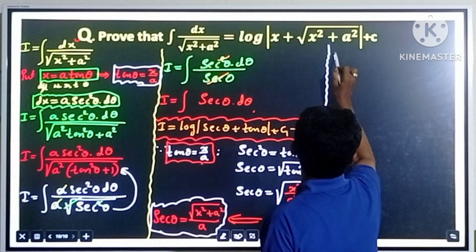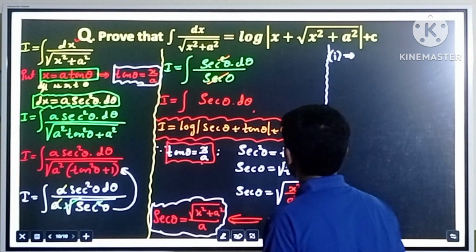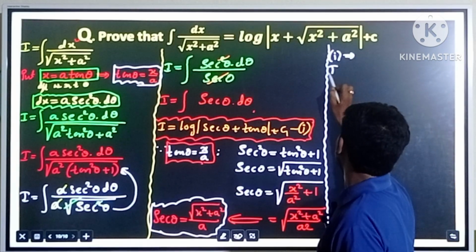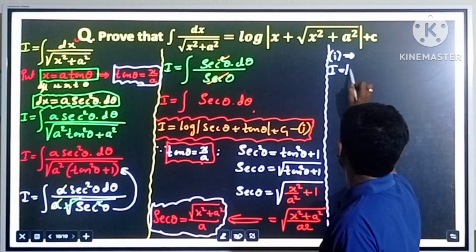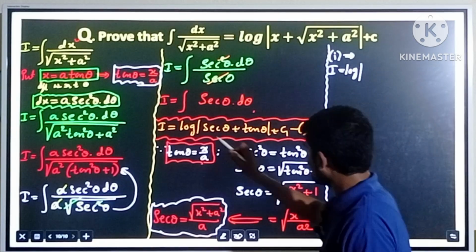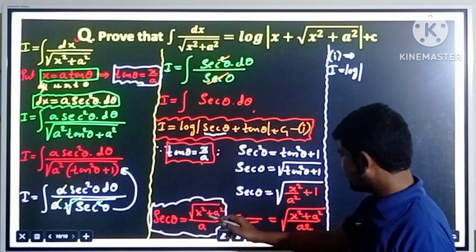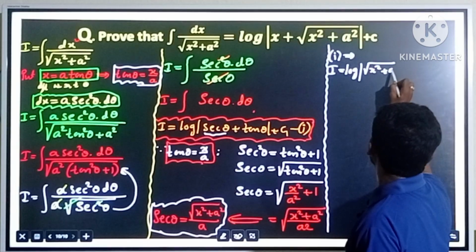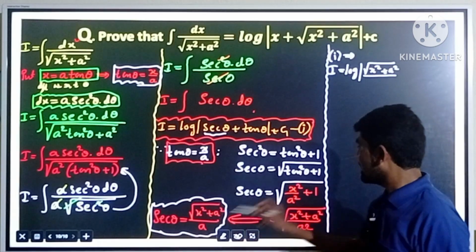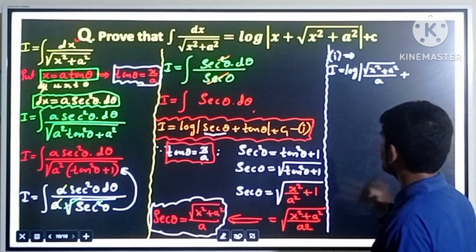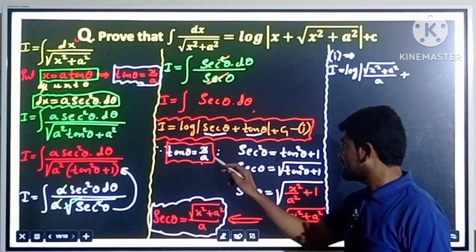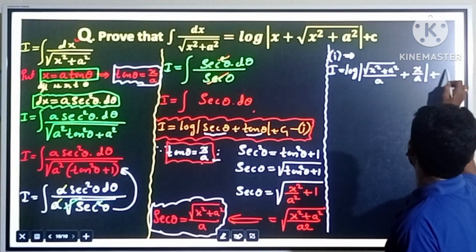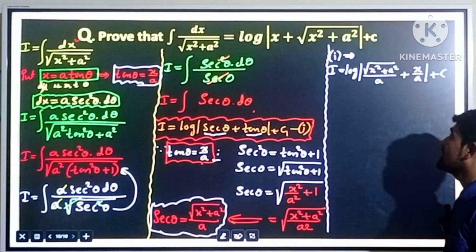Therefore I is equal to log of secant theta, whose value is the square root of x square plus a square divided by a, plus tan theta, which is x divided by a, plus integral constant c. I hope all of you are understanding.